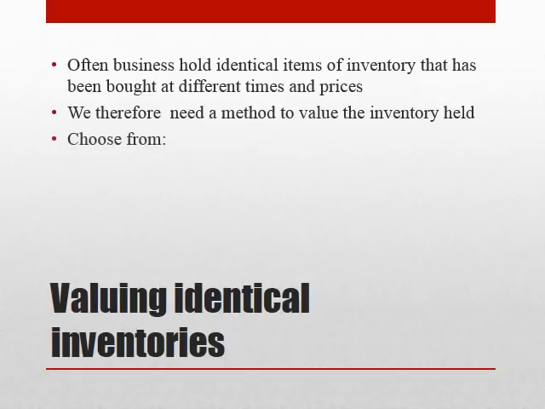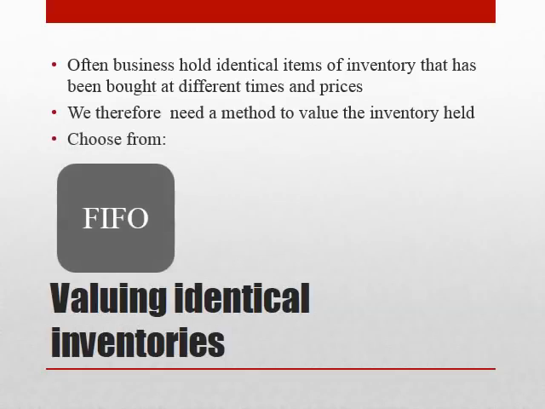Now we can choose from the following methods. We can use FIFO, or first in, first out. This is a stock valuation model in which we assume that the oldest stock gets used up first. So any stock that we hold at a given time, we assume that it was purchased recently, or the most recent stock.